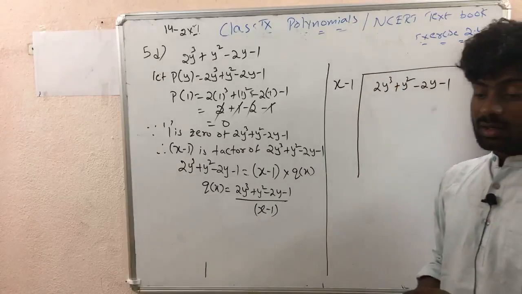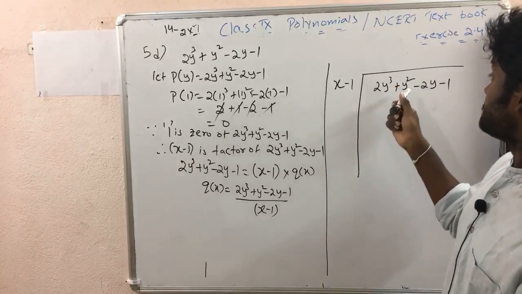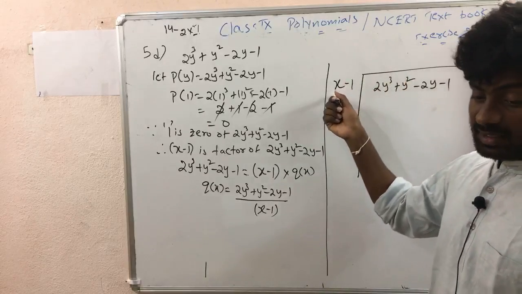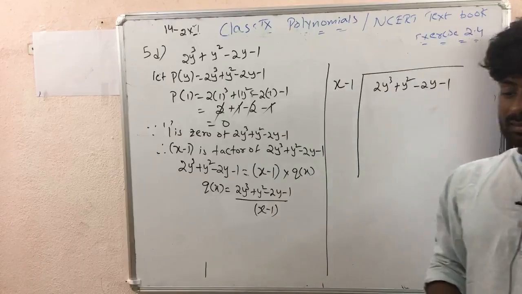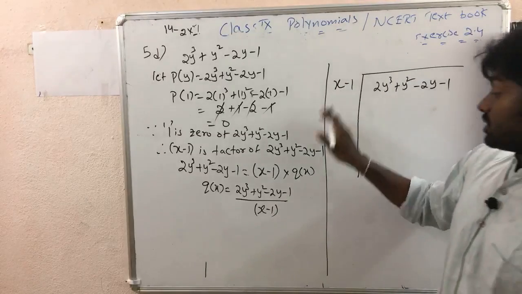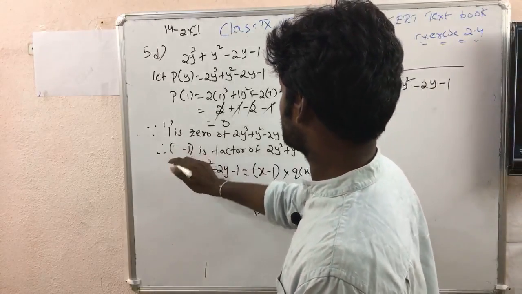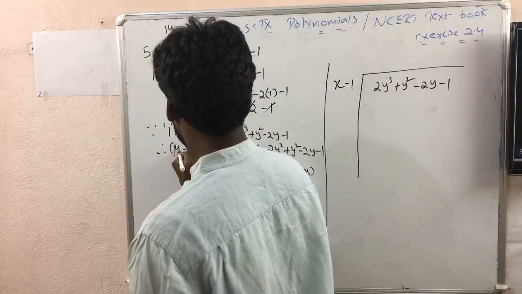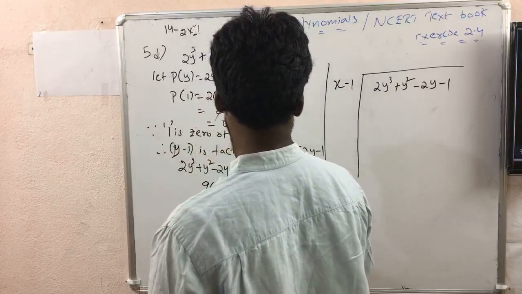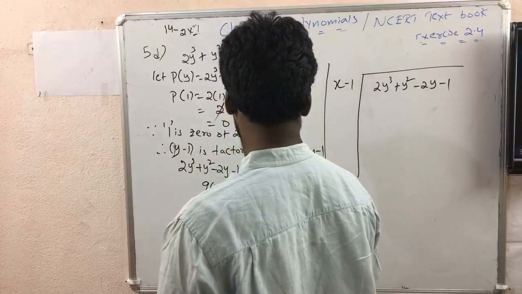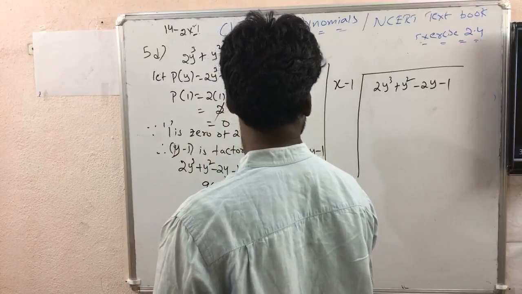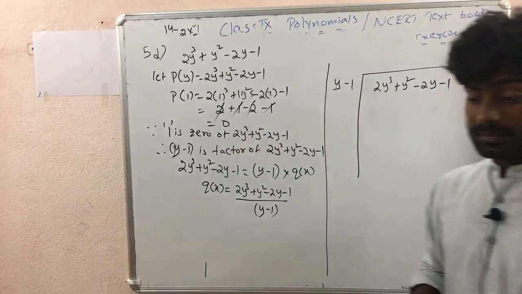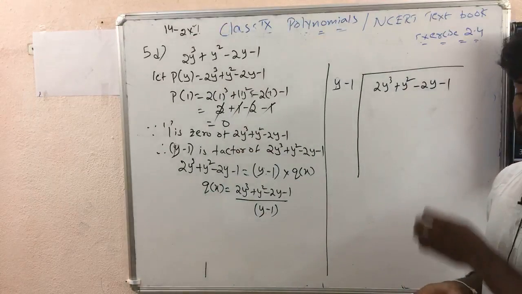Those who are watching, already 11 people are watching, you can get the quotient after dividing this given polynomial with x minus 1. Sorry, it is y minus 1 because the polynomial is in terms of y. So we have to divide with y minus 1. Usually every time we will get x, but this time he has given y. So divide with y minus 1. Okay. Now get the answer.